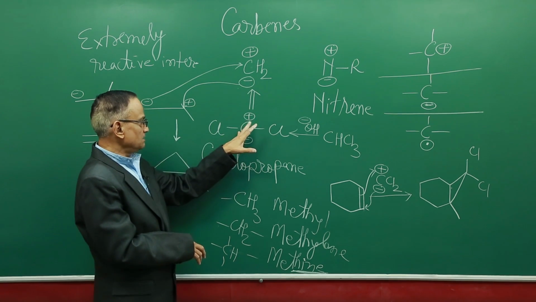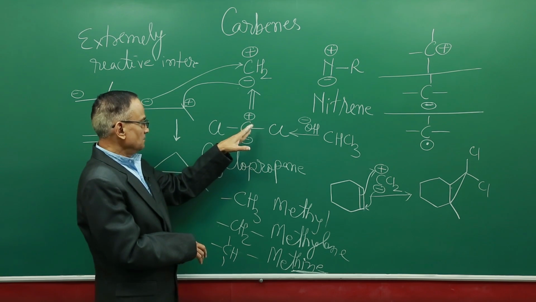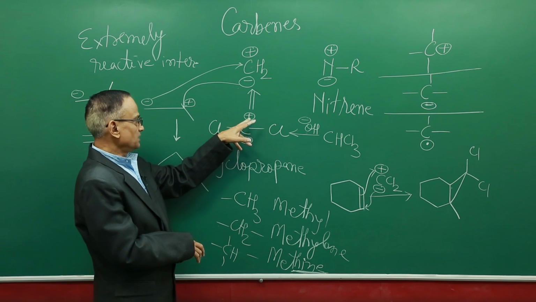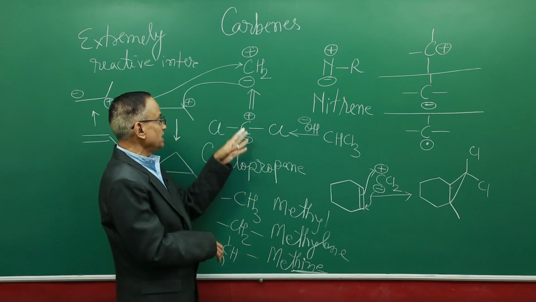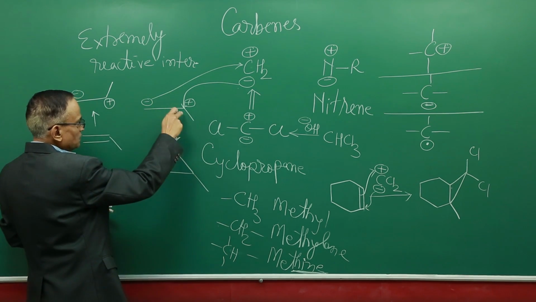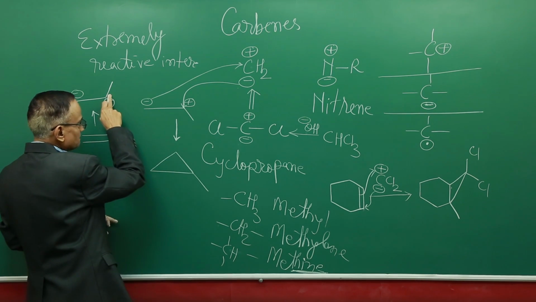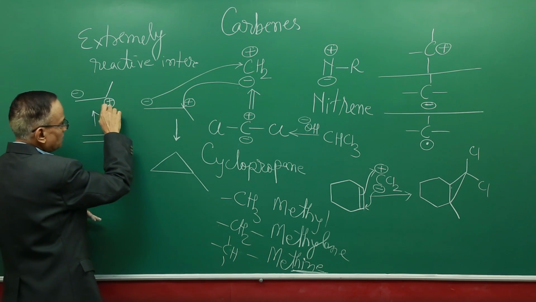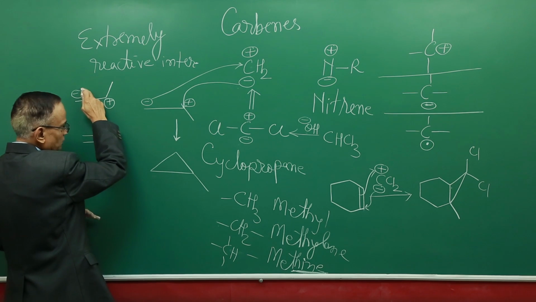This and this both are extremely reactive because they are positively as well as negatively charged. Carbon is positively as well as negatively charged. So therefore it is very reactive. The negative charge will form a bond with the positive part of the carbon, say in this case this carbon. And the positive part will be attacked by the negative part.